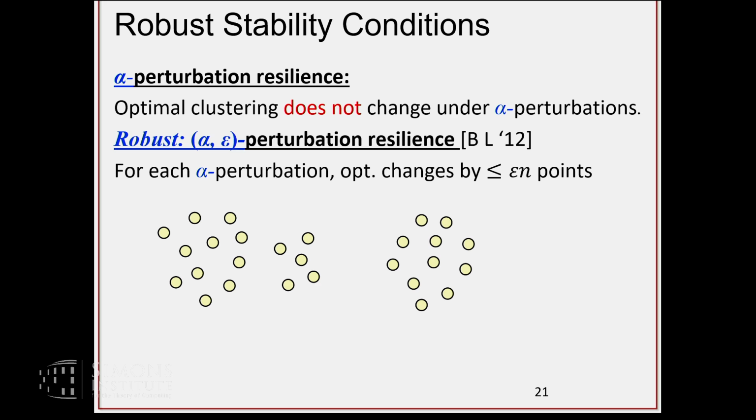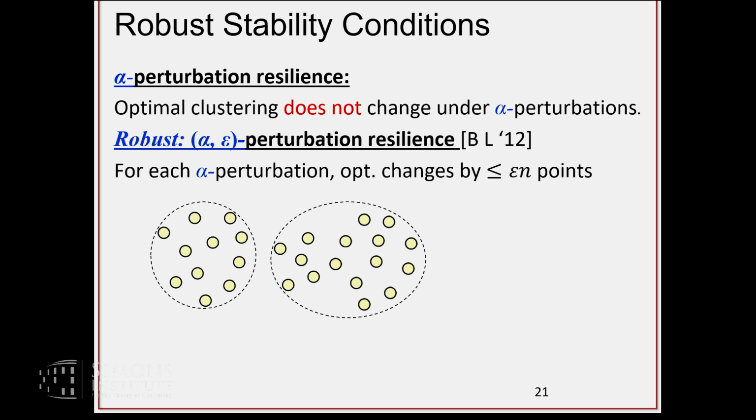We have the alpha and we also have an epsilon. And we say that under any alpha perturbation, the optimal clusters can change by at most epsilon. So they can change a little bit. In this picture, maybe this is the optimal solution, and then there's some perturbation, and maybe now this is the optimal solution, but only these middle points switch clusters. So the clusters are still almost the same.